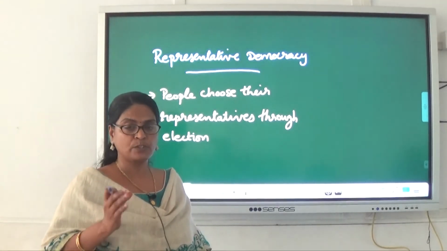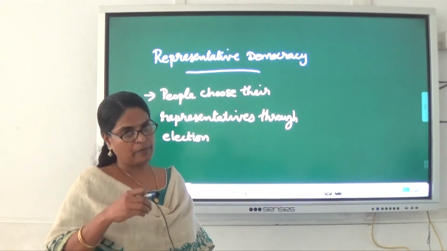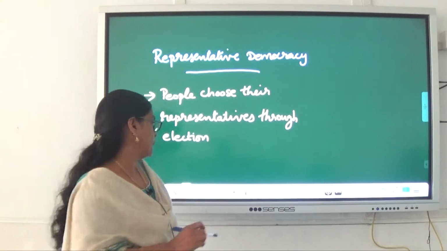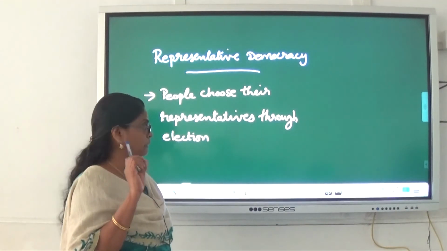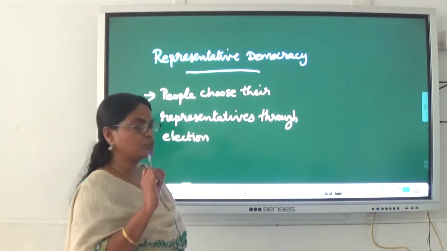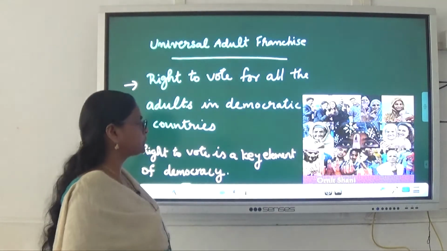So in a representative democracy, people choose their representatives through elections.